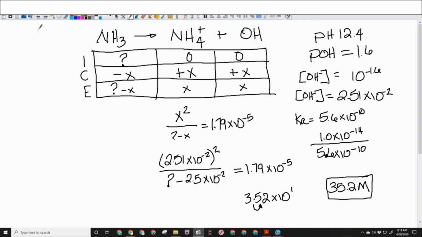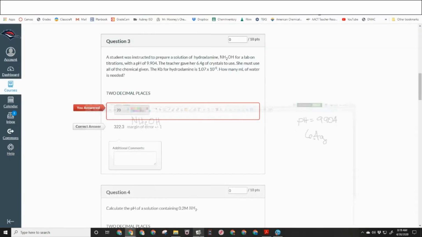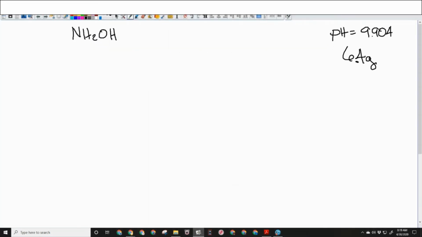So first of all, let's write down the formula for hydroxylamine, NH2OH, and the pH is 9.904. And she must use 6.4 grams of crystals. And the Kb is 1.07 times 10 to the negative 8.